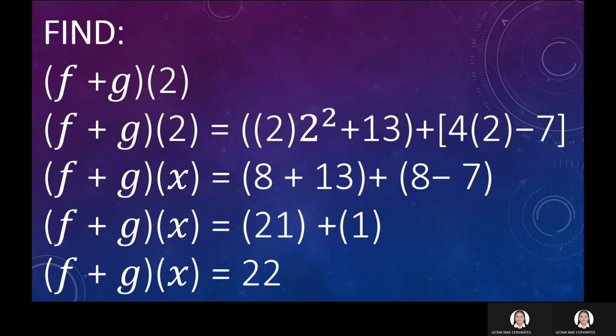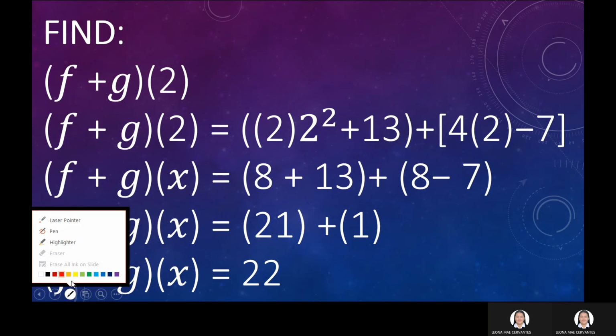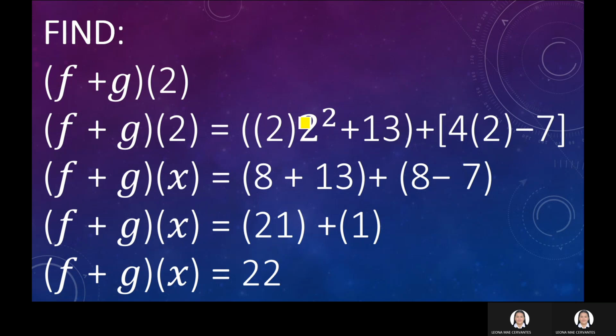So let's proceed. So 2 times 2 squared plus 13 plus 4 times 2 minus 7.